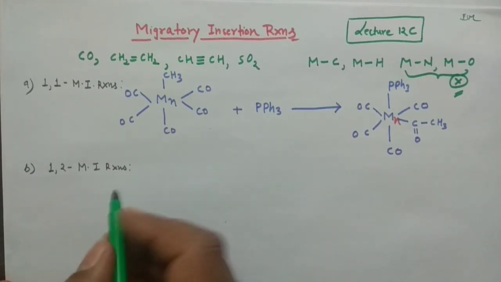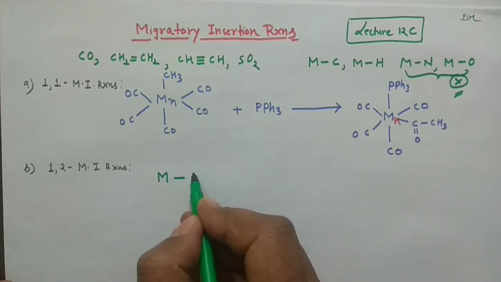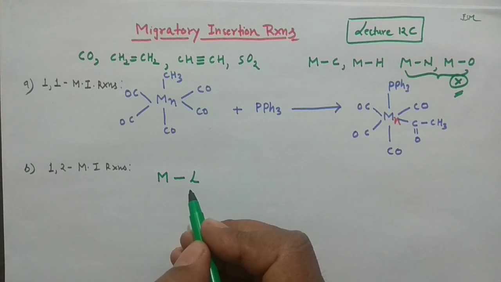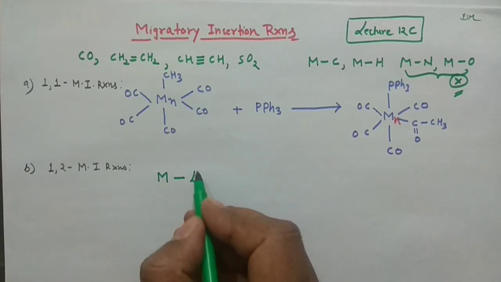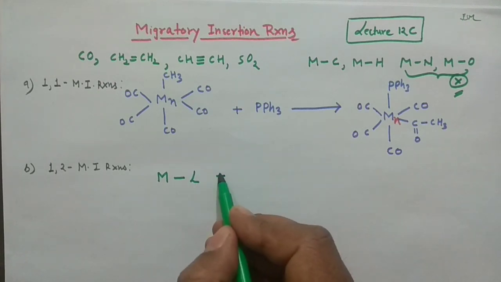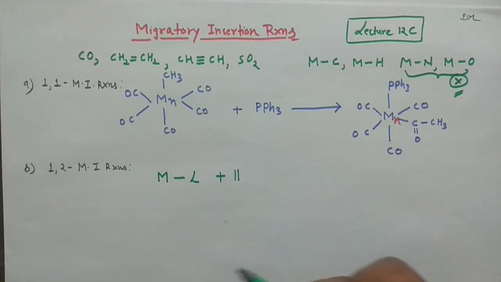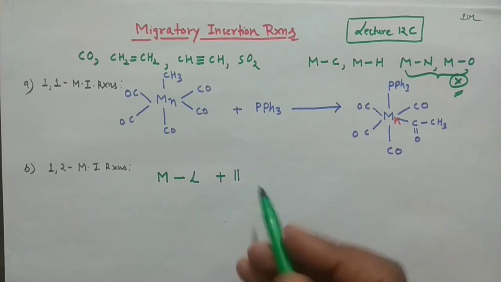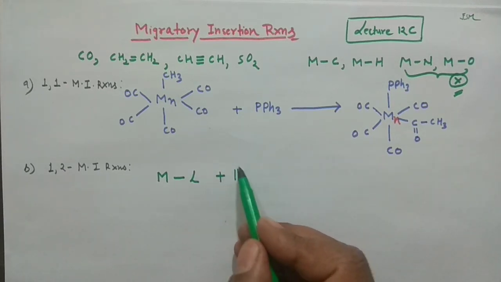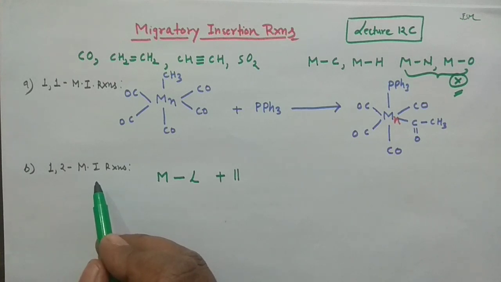In that case, you can see here, say this is my metal, it could be anything, and say this is my ligand, and generally this ligand is hydrogen, but it is not necessarily always hydrogen, it may be an alkyl group also, and you have this alkene, right? So again I am giving you the situation: whenever in this kind of reaction you find the alkene group instead of PPh3, then it will always be a 1,2 migratory insertion reaction.